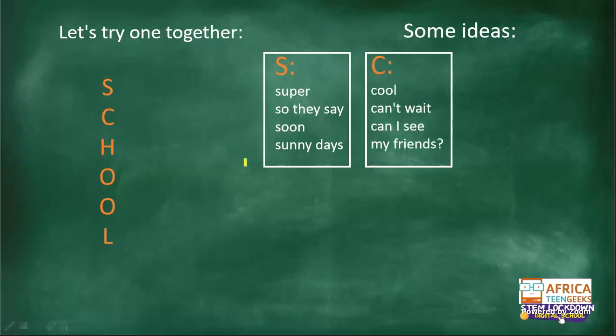Okay, our next one. I want you to think of words with an H. Write down H for me. Heaven, happy, honey, hours. Are you too fast for me?